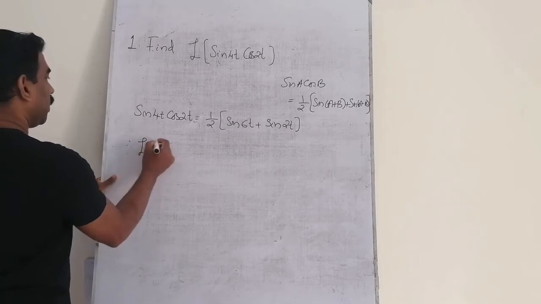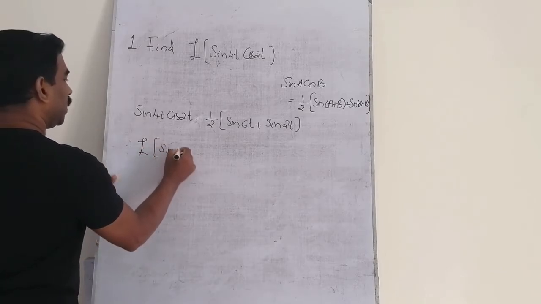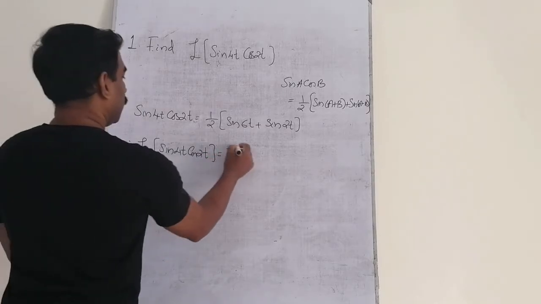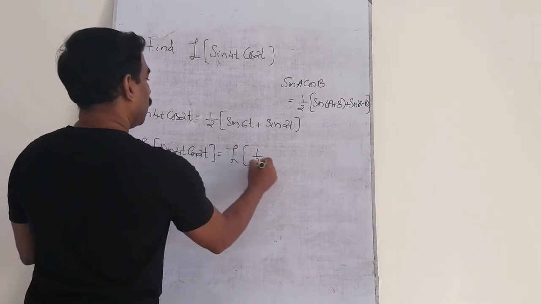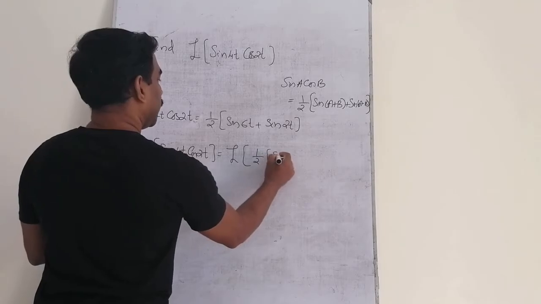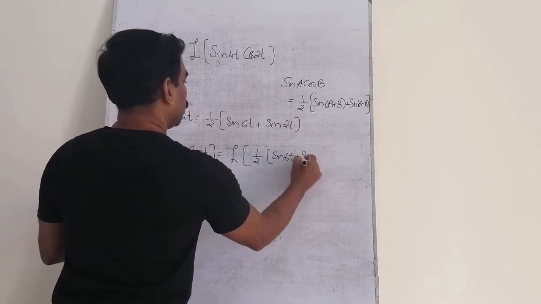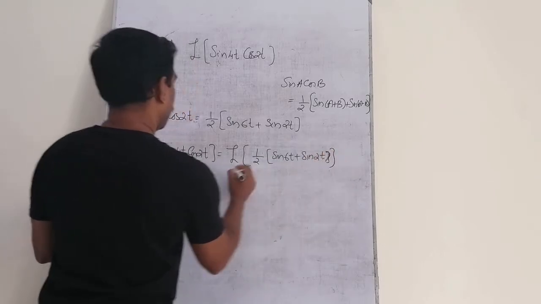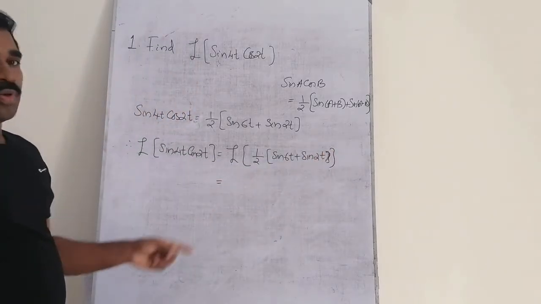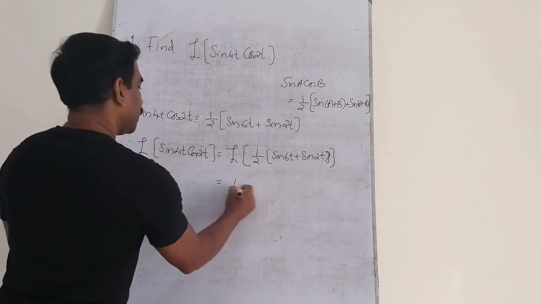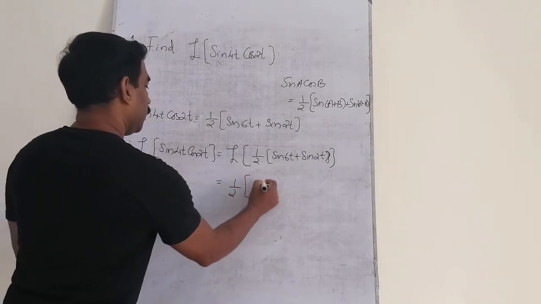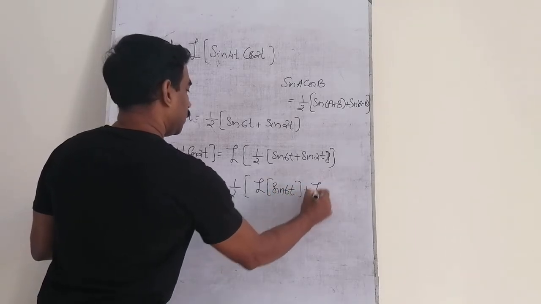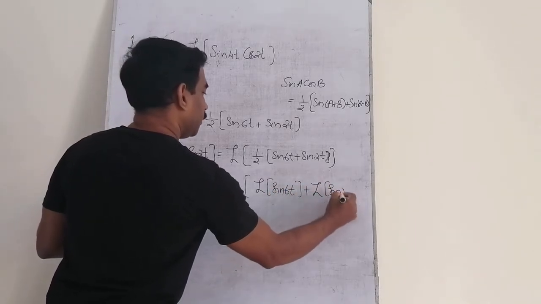Therefore, Laplace transform of sin 4t cos 2t is equal to Laplace transform of half of sin 6t plus sin 2t. Applying the linearity property of Laplace transform, we can write this as half of Laplace transform of sin 6t plus Laplace transform of sin 2t.